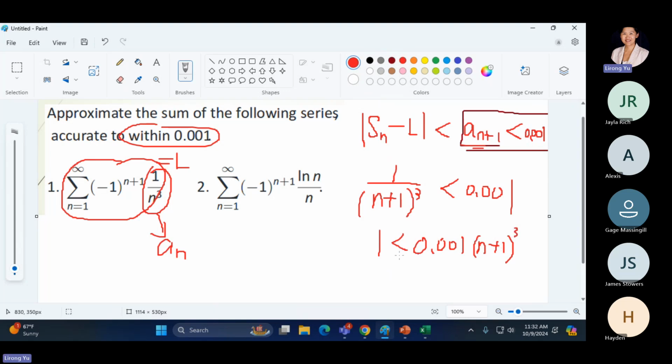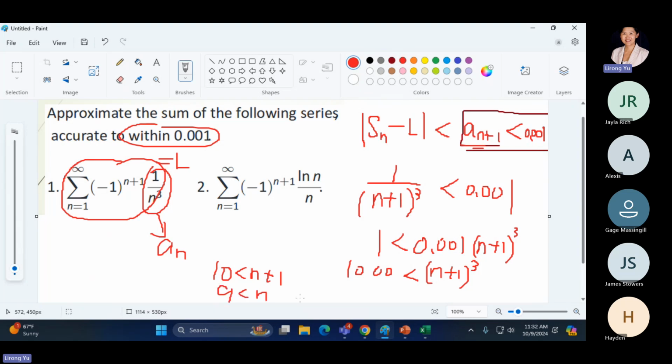Right, and then we divide both sides by 0.001. 1 divided by 0.001, you get 1,000. We have 1,000 less than n plus 1 cubed. We can take the cube root of both sides, then you have 10 is less than n plus 1. Then minus 1 on both sides, 9 is less than n.